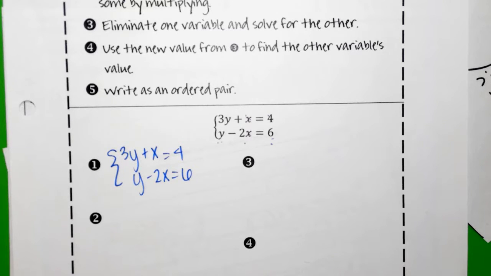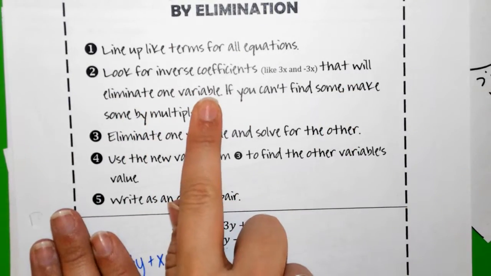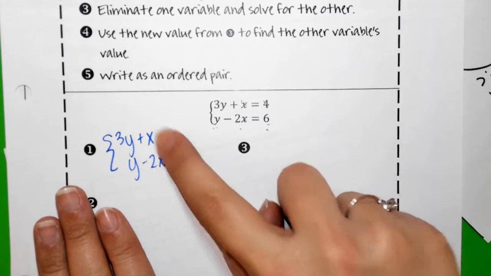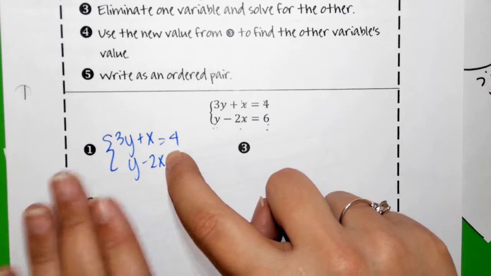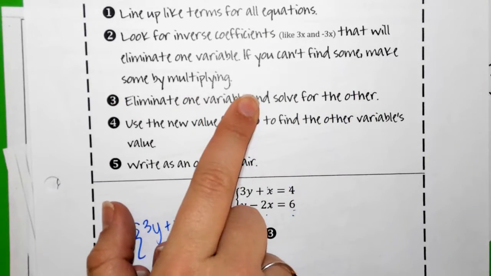So what does it mean when it says look for inverse coefficients? Look for the opposite. Awesome. So different signs, right? So when it says look for inverse coefficients that will eliminate one variable, that means look for opposite signs and the same number out front. Now it says if you can't find some, make some by multiplying.